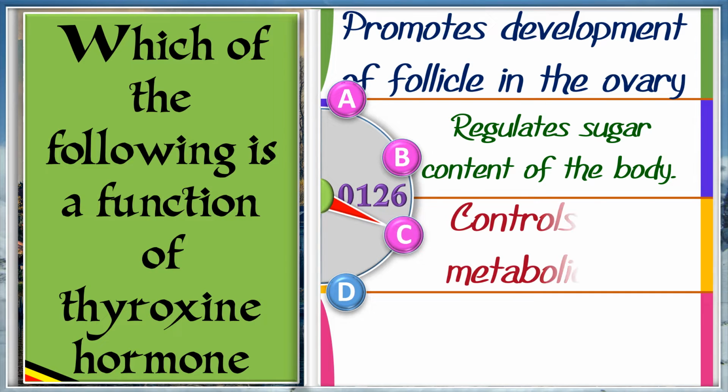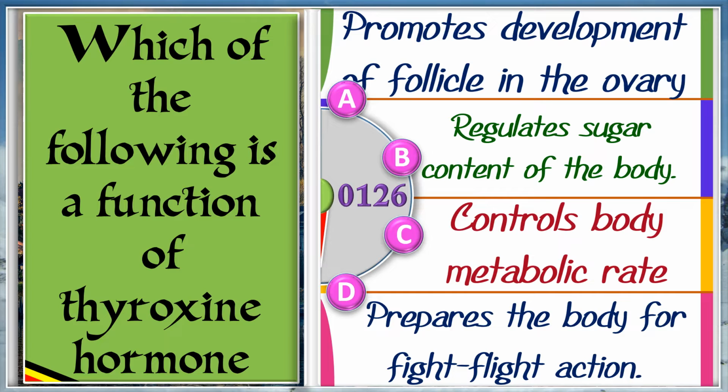C. Controls body metabolic rate. D. Prepares the body for fight-or-flight action. And the answer is C. Controls body metabolic rate.